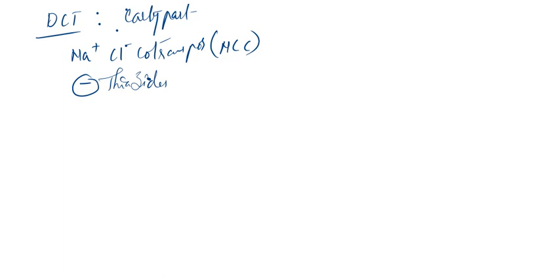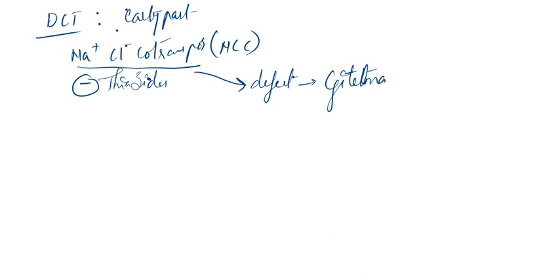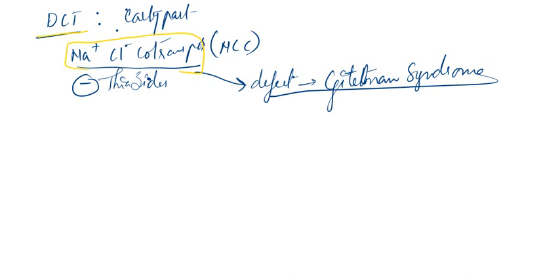If there is a defect in this sodium chloride co-transporter, that defect causes a syndrome called Gitelman syndrome. The defect in the sodium chloride co-transporter present in the early distal convoluted tubule is seen in Gitelman syndrome.